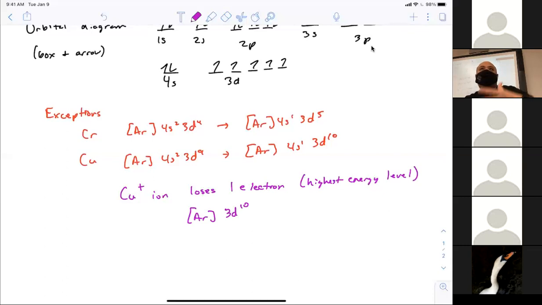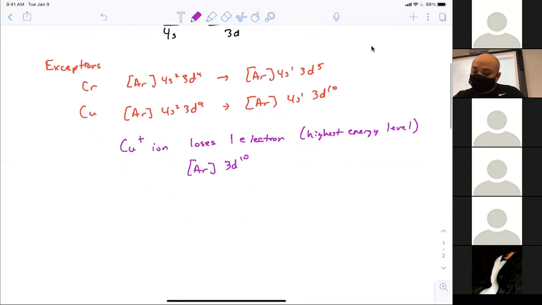And they use that question very often because it requires you to know 2 or 3 different things to get the right answer. 1, you have to know electrons are removed from the highest energy level and not the last one you fill in. 2, you have to know copper is an exception where it's 4s1 3d10. And then 3, you actually have to know copper's original electron configuration, because all the wrong answers here kind of exploit different concepts.